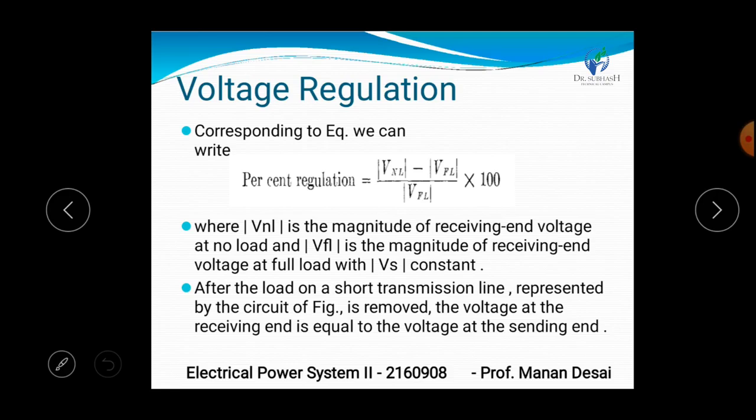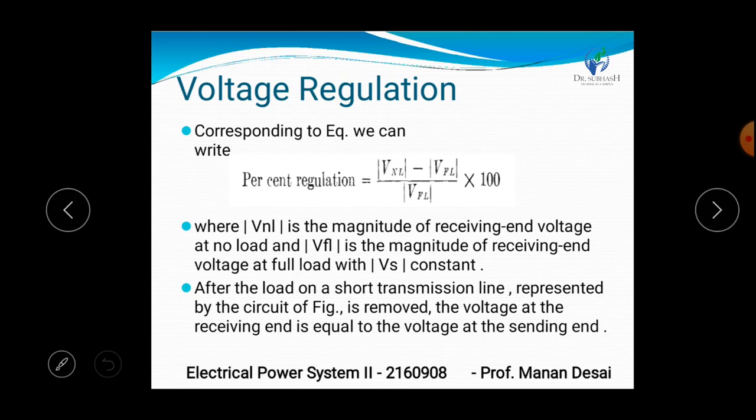Now in this formula, percentage voltage regulation is V no load minus V full load upon V full load into 100, where VNL is the magnitude of receiving end voltage at no load and VFL is the magnitude of receiving end voltage at full load with Vs constant.